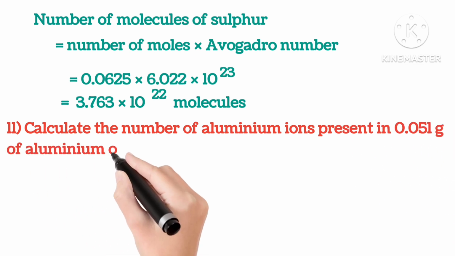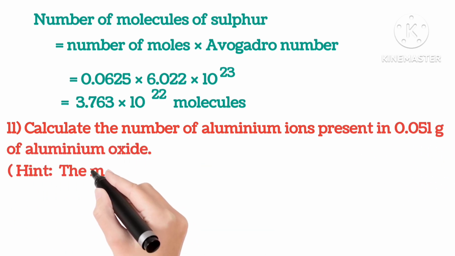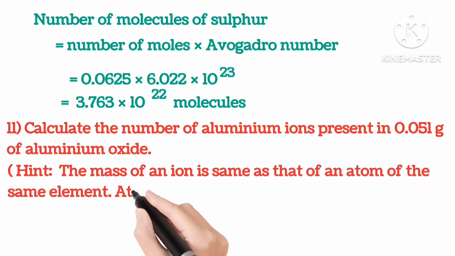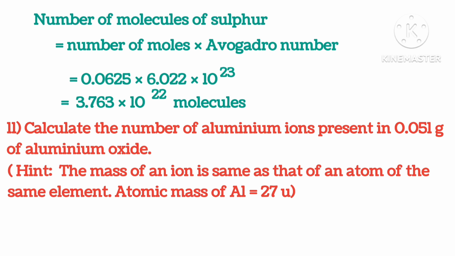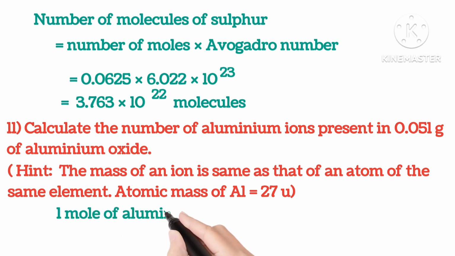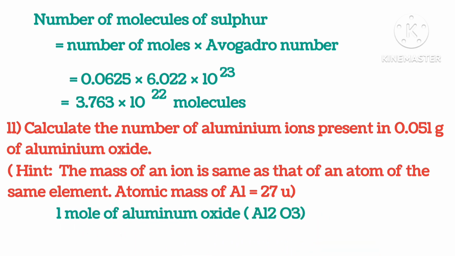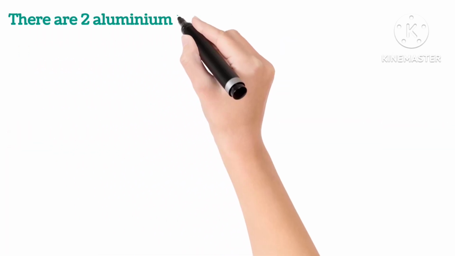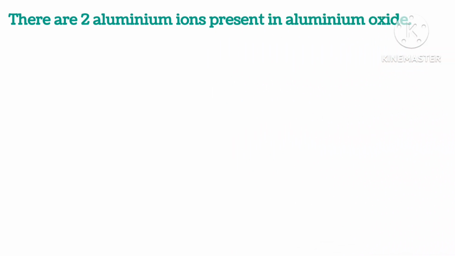Calculate the number of aluminum ions present in 0.051 grams of aluminum oxide. The mass of ion is same as that of mass of atom of the same element. Atomic mass of aluminum is 27 units. So 1 mole of aluminum oxide will be 2 into 27 plus 3 into 16, that is 102 grams or 102 units we can say. So there are 2 aluminum ions present in the aluminum oxide, as you can see in the formula here.